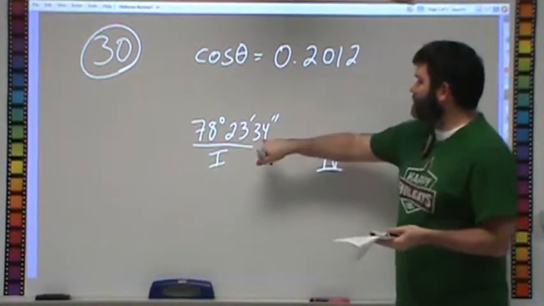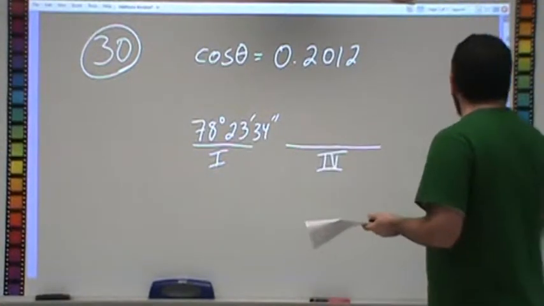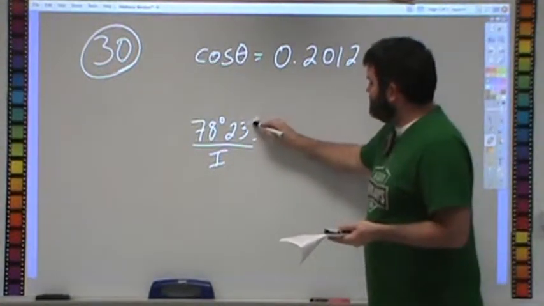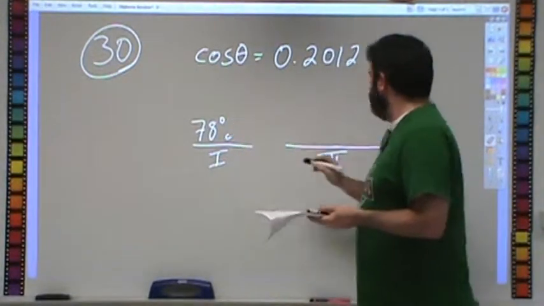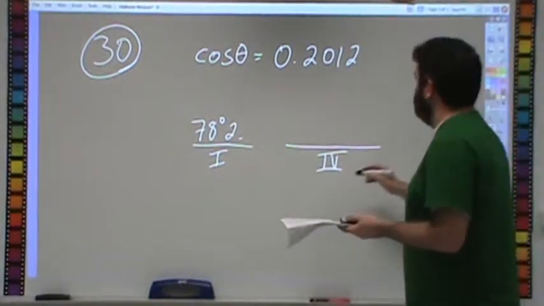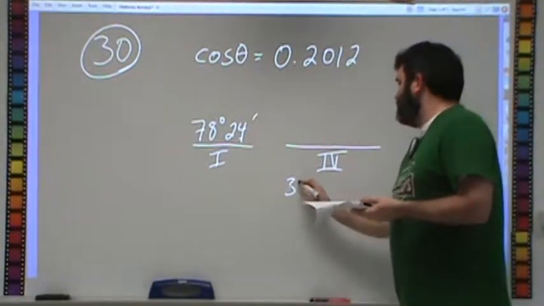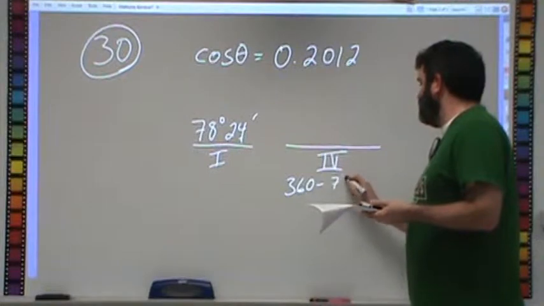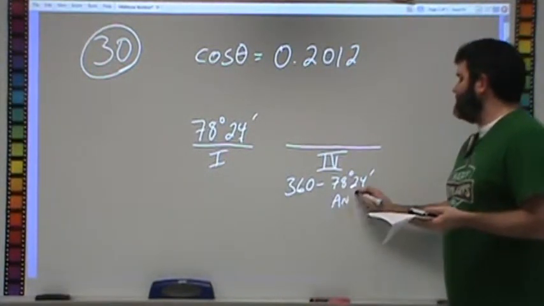Let me go over this real quick. If the seconds are 30 or higher, your minute goes up. So that means this isn't 23, it's 24. Whoops, back to the pen. Quadrant 4 is going to be 360 minus that 78 degrees, 24 minutes. Now folks, if you remember, I taught you about your answer button.